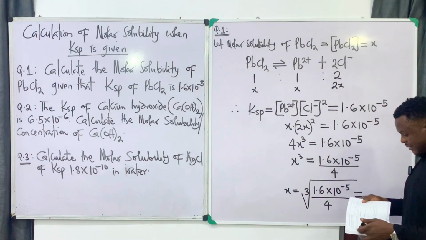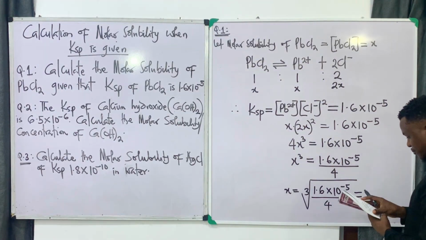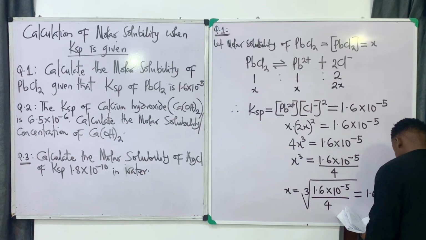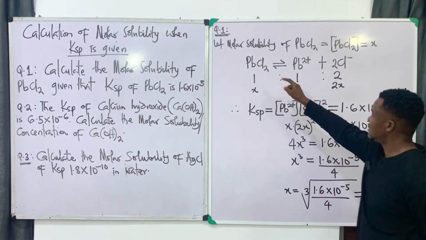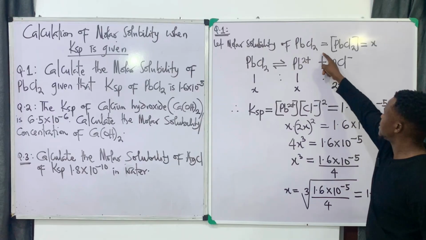So the value of x now becomes equal to this. Do not forget that we had earlier said, let the molar solubility of PbCl2 equal x.